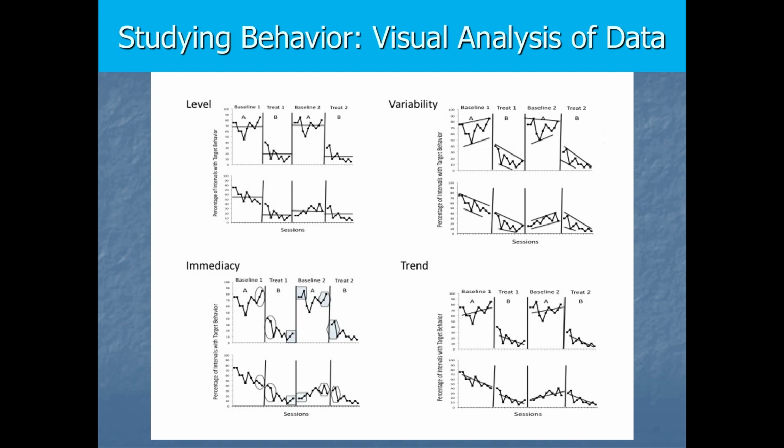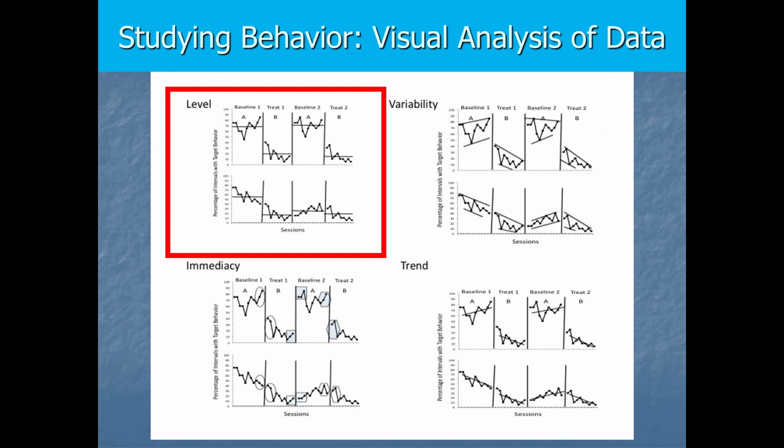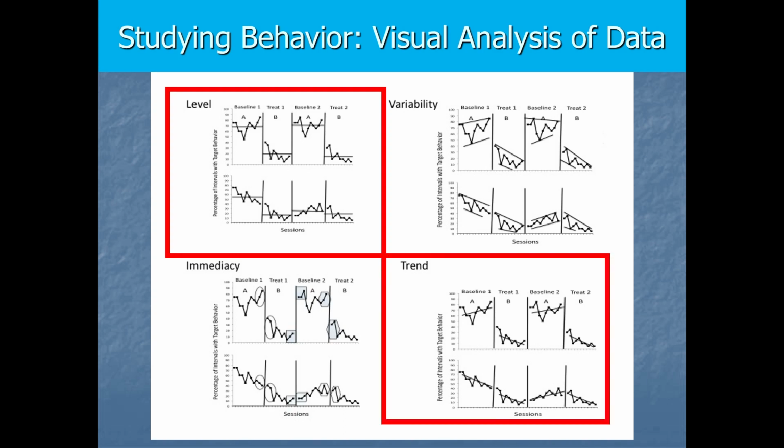The 4 things we'll look at in turn are summarized on this chart we'll start with. So first, we will look at the overall level of the behavior during each phase of the reversal design, and whether the overall level is different when we reverse between those phases. So that's level. We'll also need to take into account the trends within each phase. In other words, the direction, whether the behavior was going up or going down within a given phase.